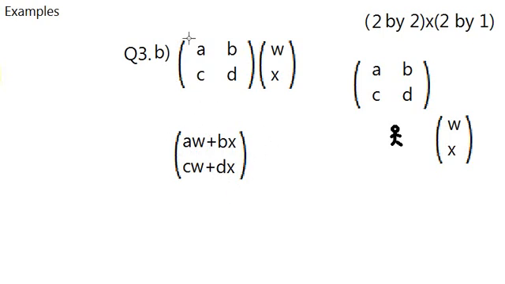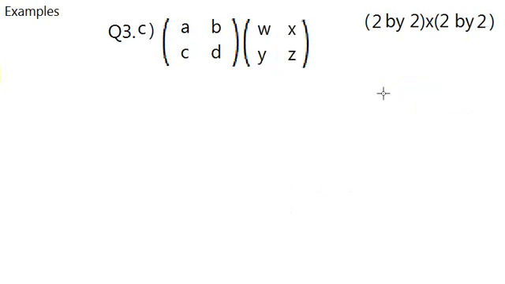Remember, a 2 by 2 times a 2 by 1 will result in a 2 by 1 matrix. Just have to remember this, and proceed to 2 by 2 times 2 by 2.